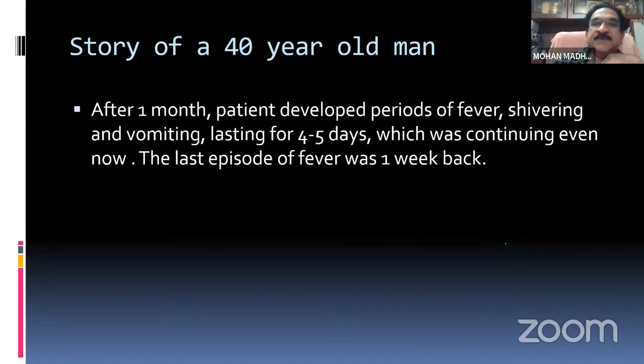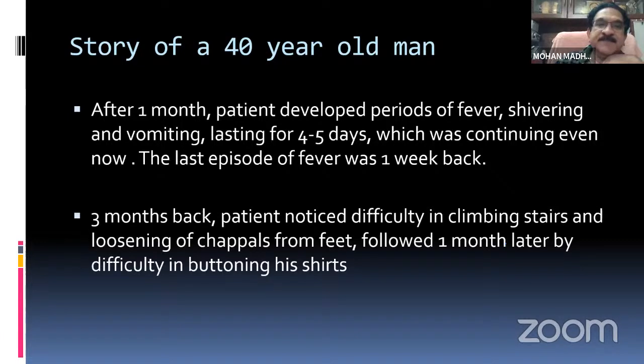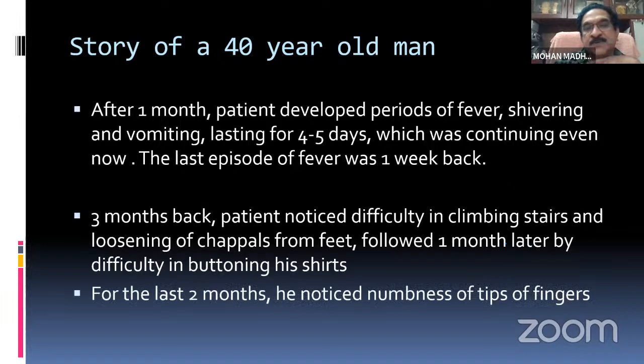The last episode of fever was 1 week back. 3 months back, the patient noticed difficulty in climbing stairs, loosening of the chappals from both feet, followed 1 month later by difficulty in buttoning the shirt. For the last 2 months, he noticed numbness of the tips of the fingers. So this is the story.